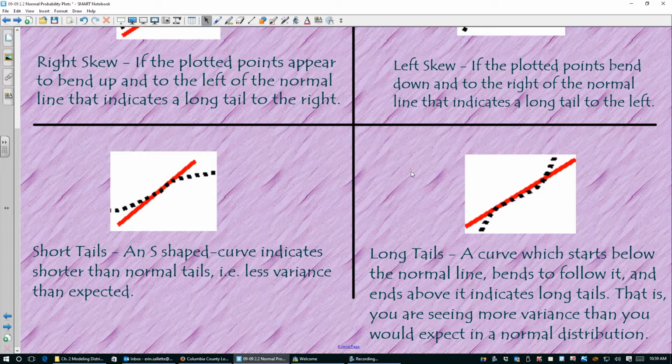These are distributions that have longer tails, therefore the variance is more than what a normal distribution covers. So these are the ways that it does not follow a normal plot, and we can't call it normal, and the reasons why and the shapes of the distributions that don't follow the normal distribution as it should.